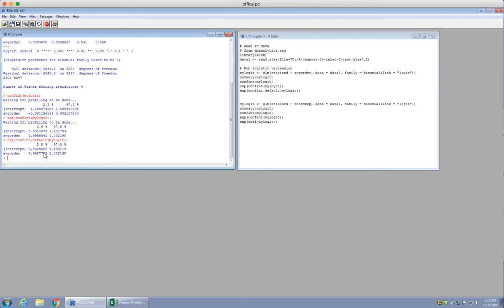So it seems that average order has a lower confidence limit of 0.9987 and so on, and an upper of 1.002, which contains 1, meaning that it is not significant, meaning that the odds of retaining a customer and the odds of losing a customer are equal.